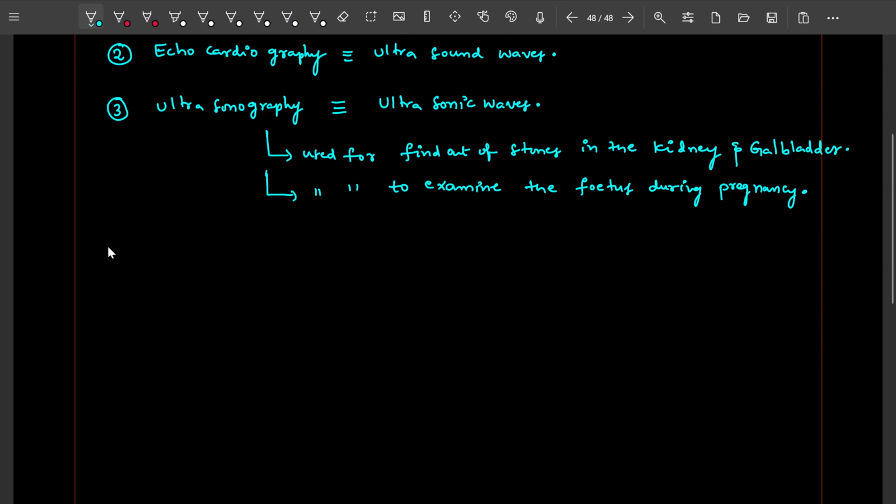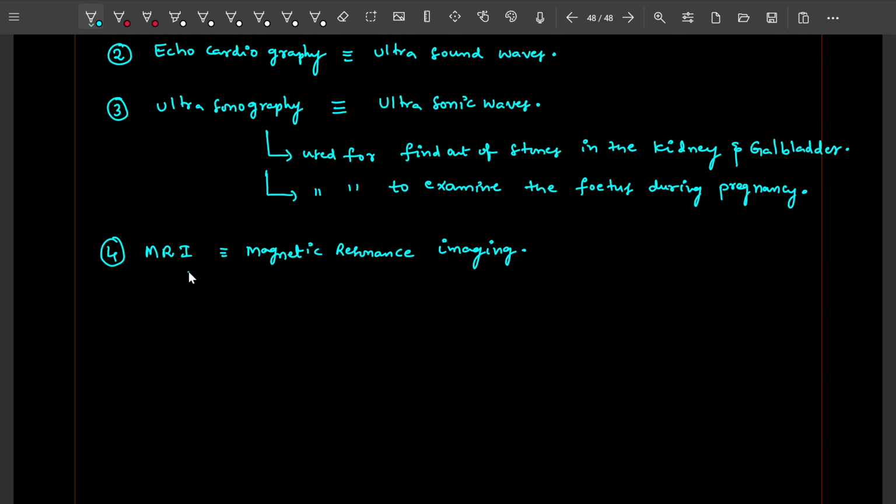Next, the fourth one is the MRI. MRI stands for magnetic resonance imaging.